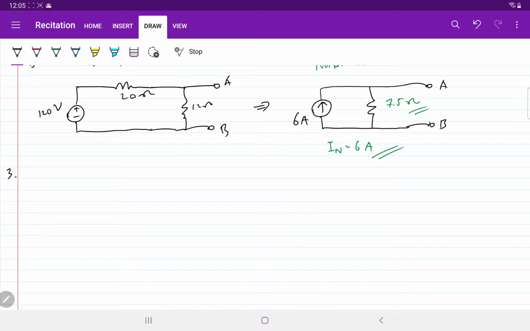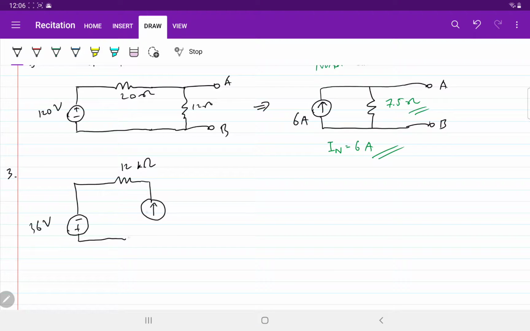Let's solve the last problem. This is a little bit more interesting. So I have this circuit, 36 volt, with a flipped sign on this voltage source, and this is more practical because the resistors are in kilo ohms, which is what we have in the real world.